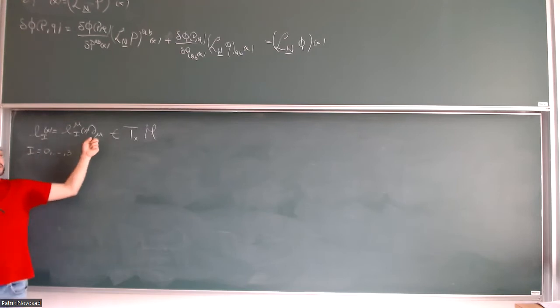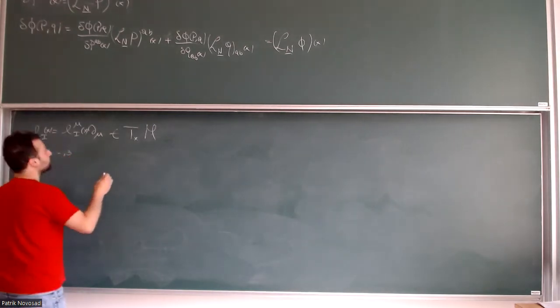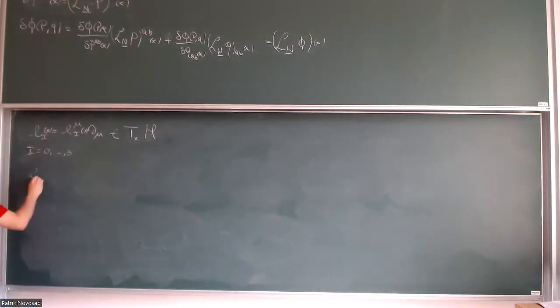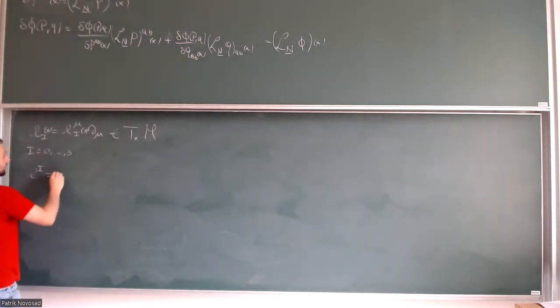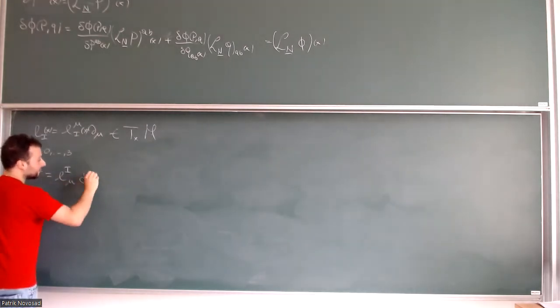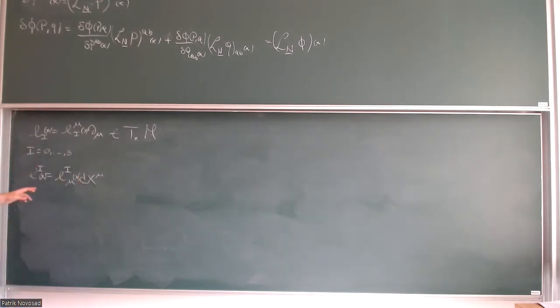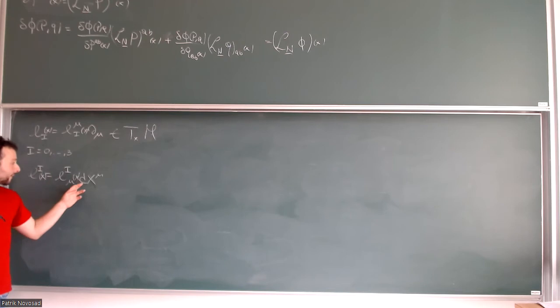So from the tangent space to the cotangent space, instead of having a vector field, we have a one-form, and that would be this. Again, these are four one-forms.